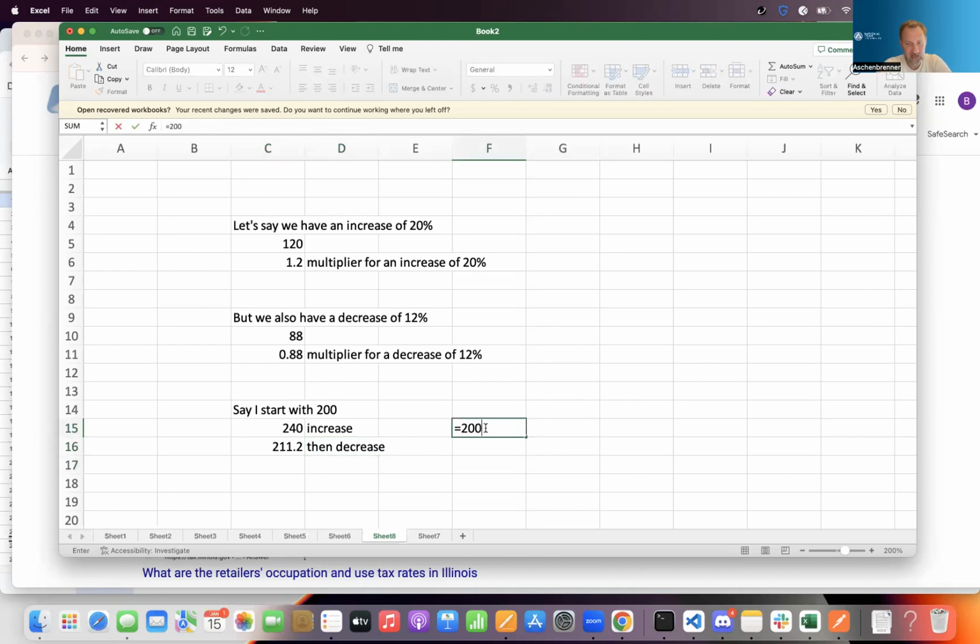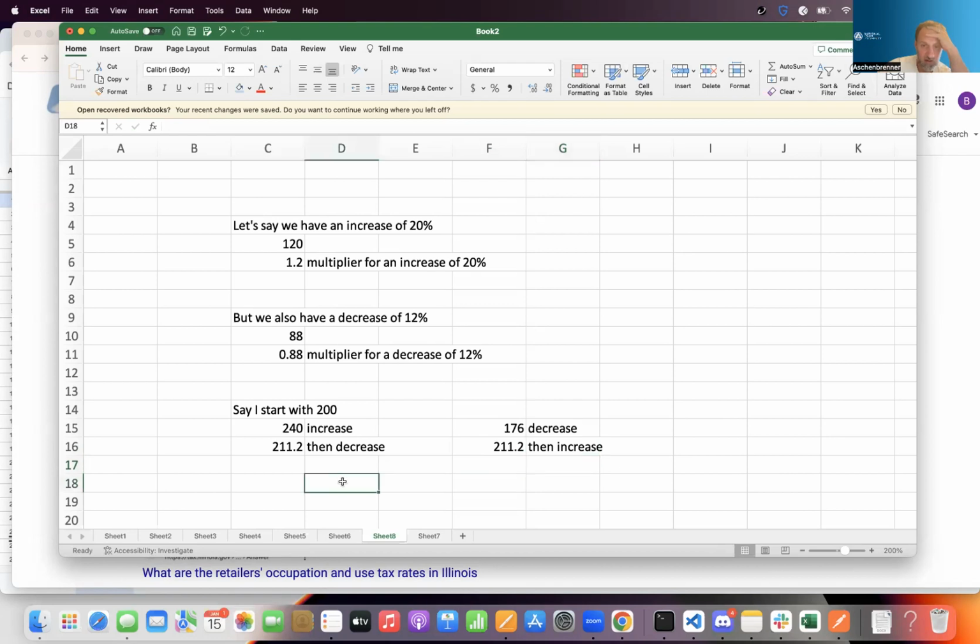Decrease: 200 times 0.88, and then take that number and multiply by 1.2 for our increase. Oh, same answer. Decrease, then increase. Now, I could also just do it all together. It's a multiplier. 200 times 1.2 times 0.88.